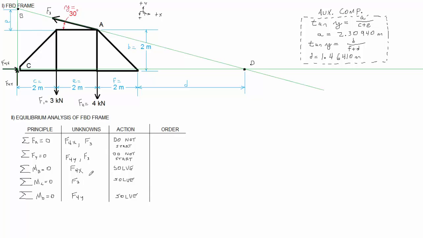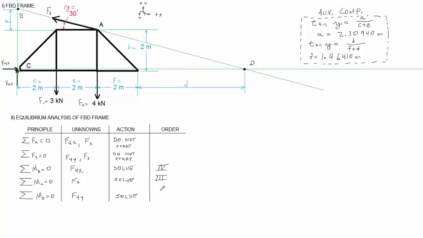In this table, you need to make sure that you include all of your unknowns. It's really up to you in the order in which you do these, but here's how I'm going to do these. I'm going to start with the point C, so that'll be my step 3. Then I'm going to do point B, that'll be my step 4.